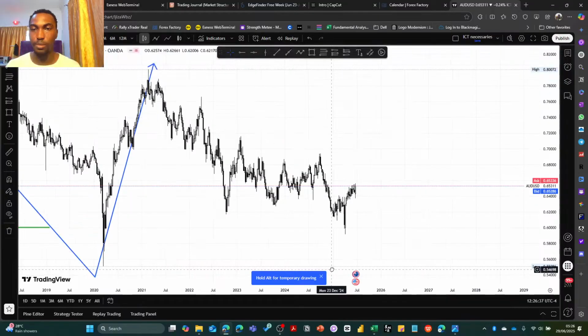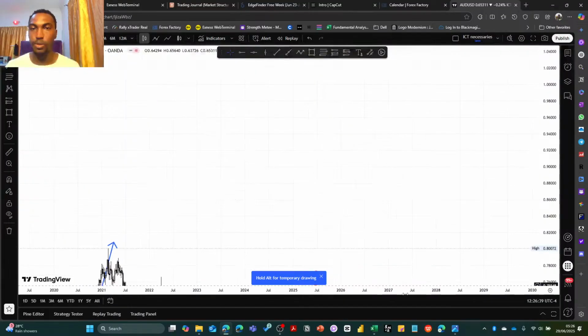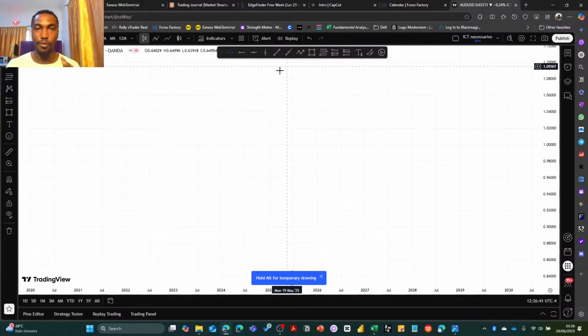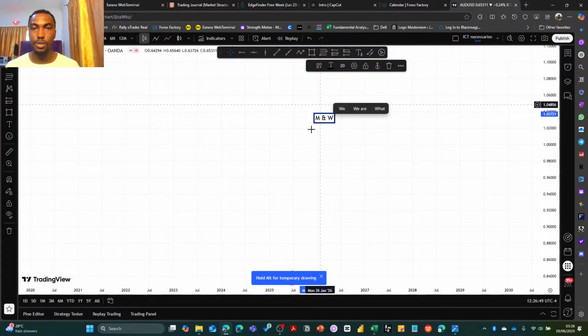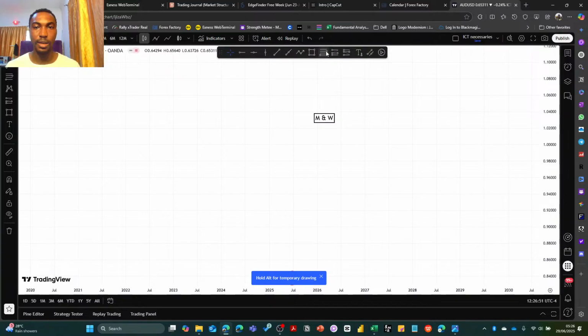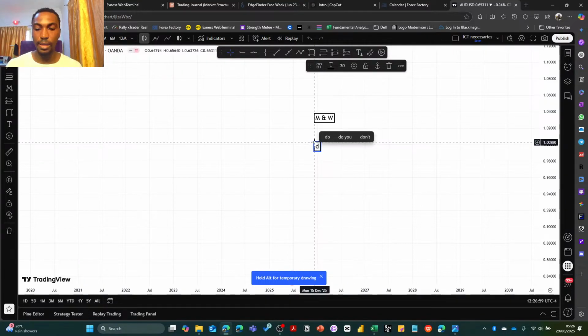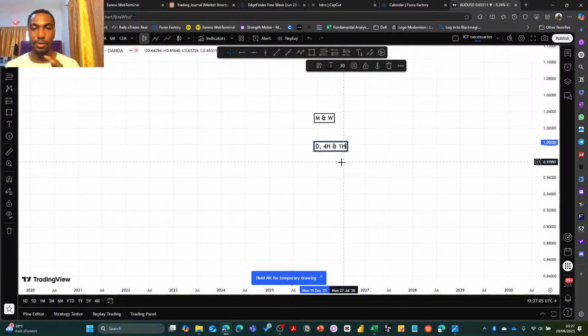If somebody should understand this, there are three grades of time frame. There's the monthly and the weekly. These are mostly going to be in sync with each other, right? Then we have the daily and the 4 hour time frames, which are usually in sync with each other.